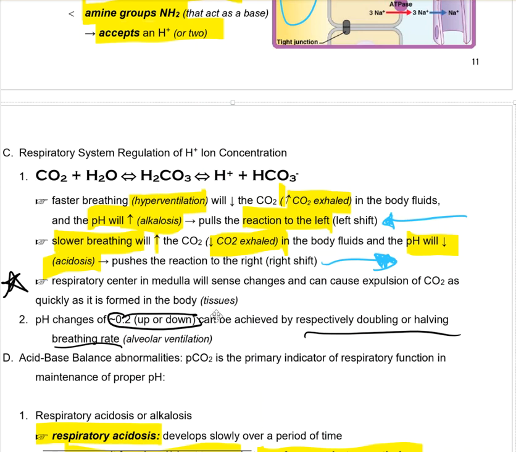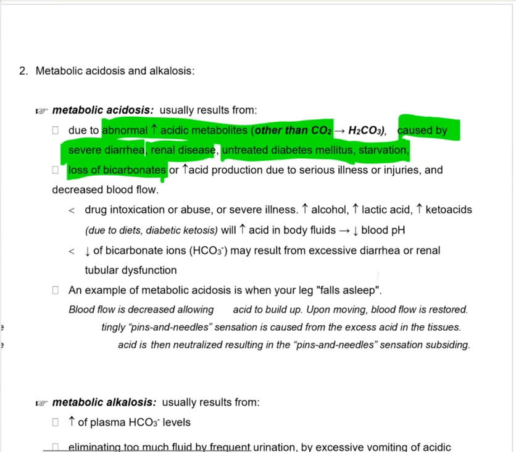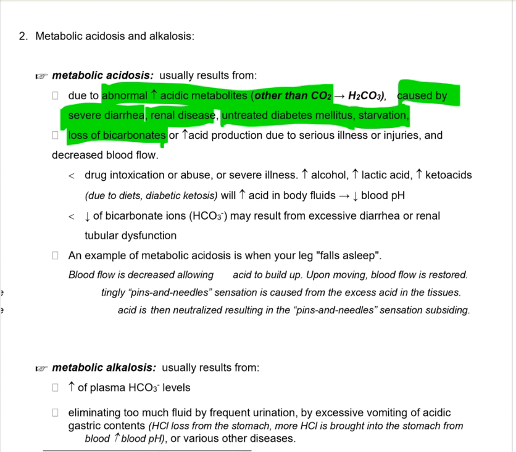The other case is where we have lots of abnormal acidic metabolites, so many that we're overwhelming our bicarb. And so that's what happens in metabolic acidosis. Or any increase in acid production. High levels of metabolites that are not carbon dioxide, but other things that we're producing, cause metabolic acidosis.